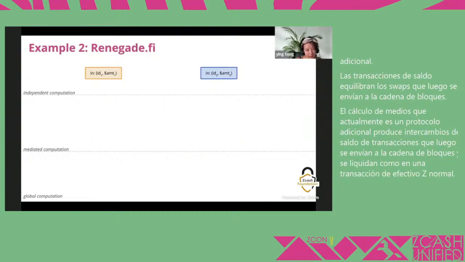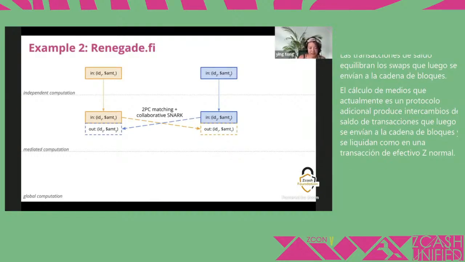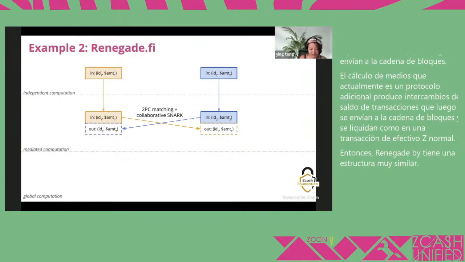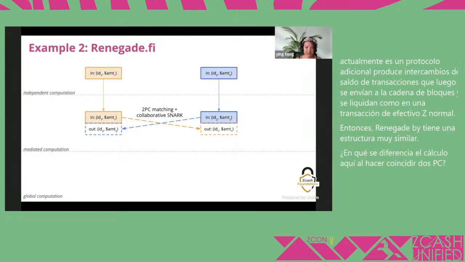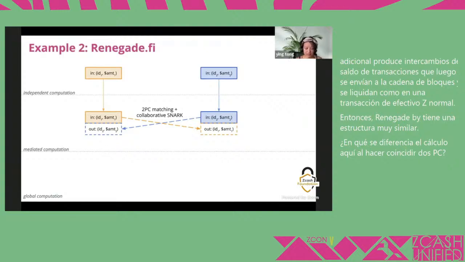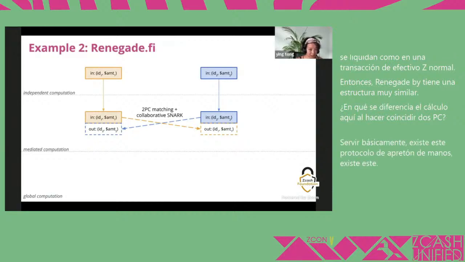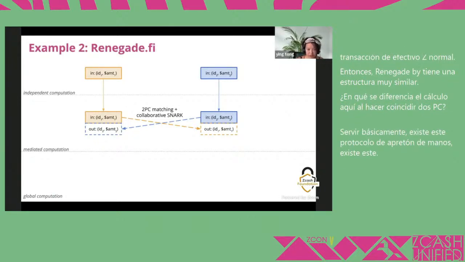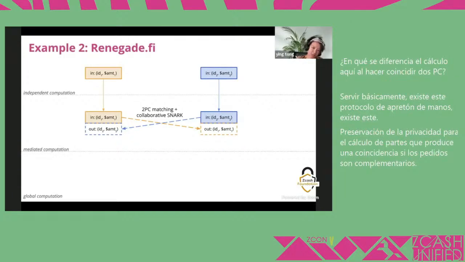So Renegade Phi looks very similar in structure. What's different is that the mediated computation here is done by a 2PC matching. So there's this handshake protocol, this privacy preserving two-party computation that produces a match if the orders are complementary and does not reveal any information otherwise.